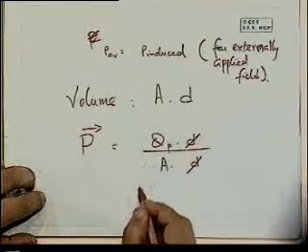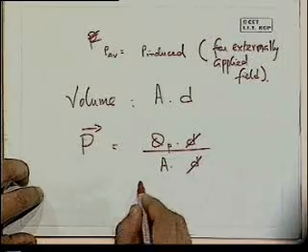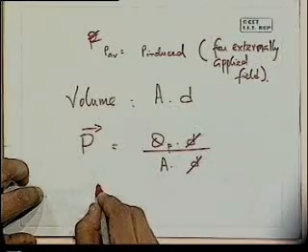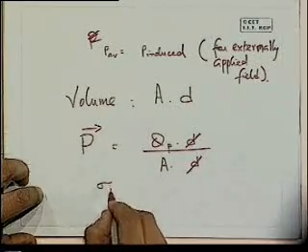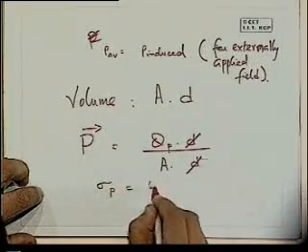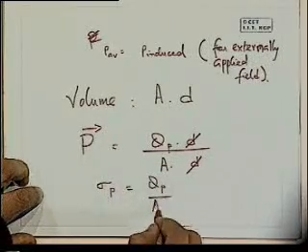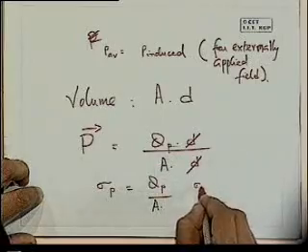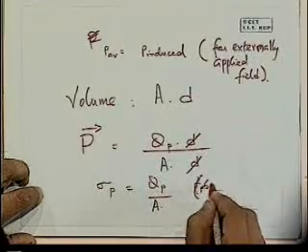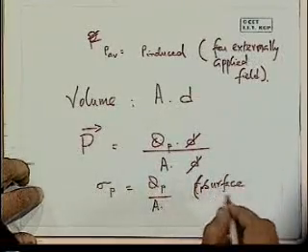We are left with Q_P by A, which has a significance. It's called sigma P, also referred to as the surface polarization charge density.